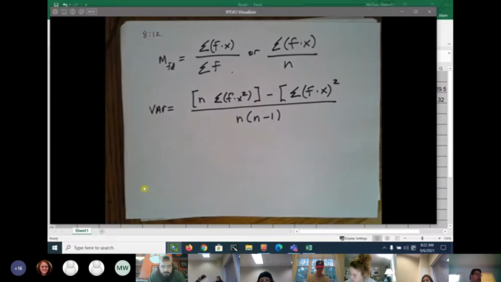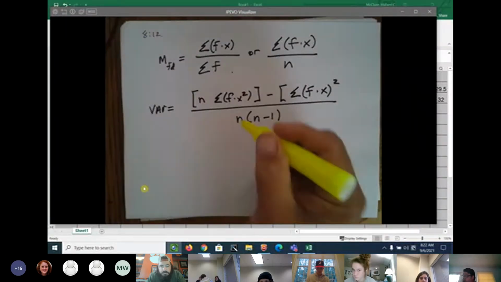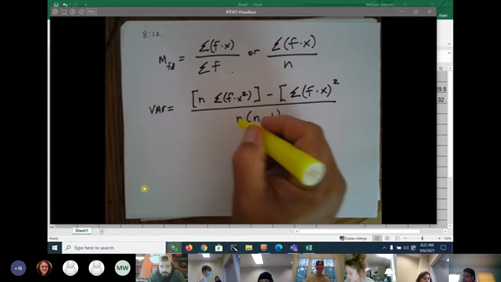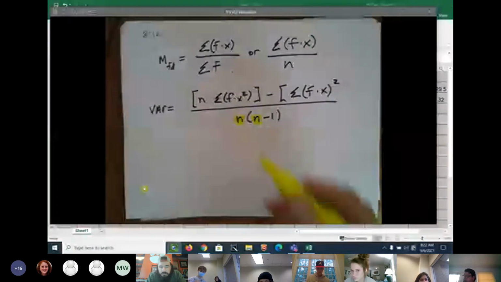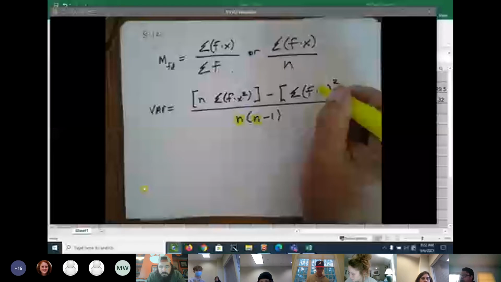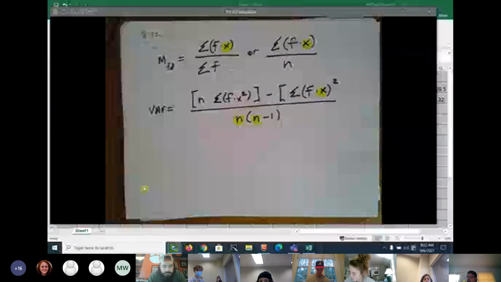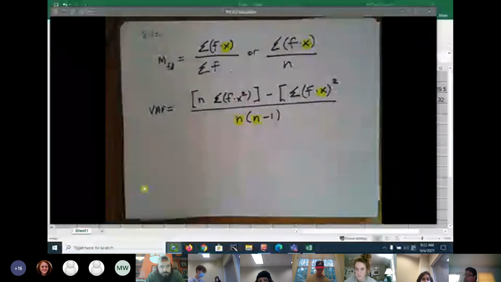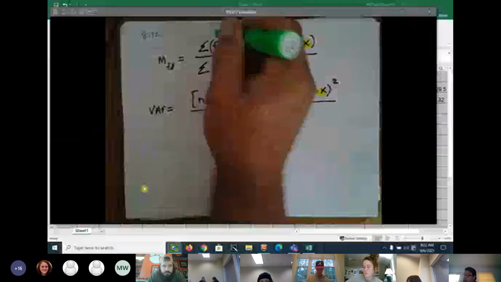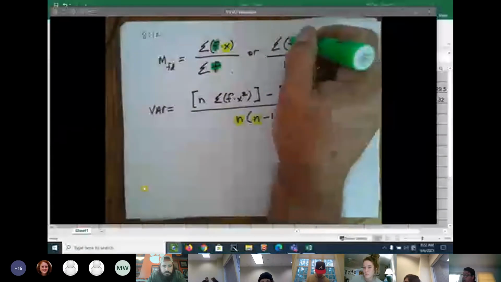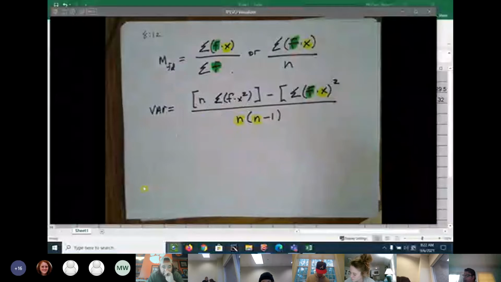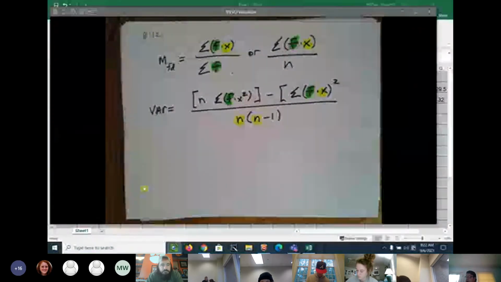Well, let's take our handy dandy green marker and yellow marker, and we've got n, we've got x, we've got f. I'm doing this for a reason, y'all. So what's the only thing we don't have?